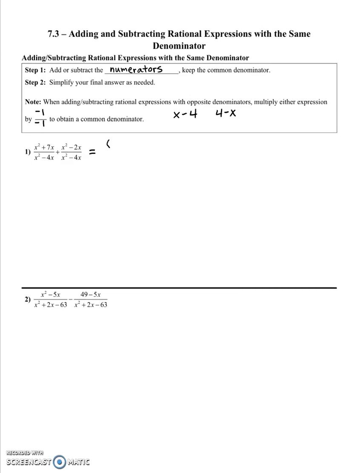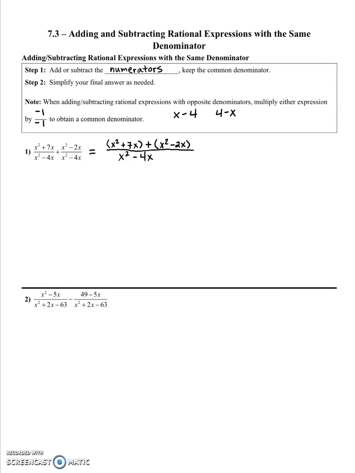So we have x squared plus 7x from our first numerator plus our second numerator is x squared minus 2x. And we keep our denominator, which is x squared minus 4x.